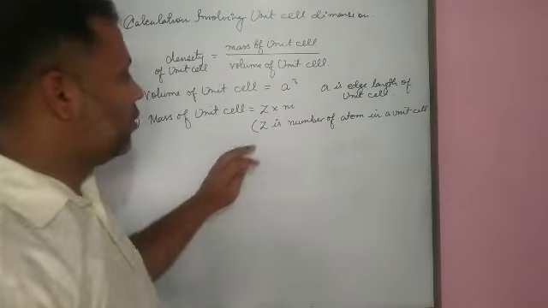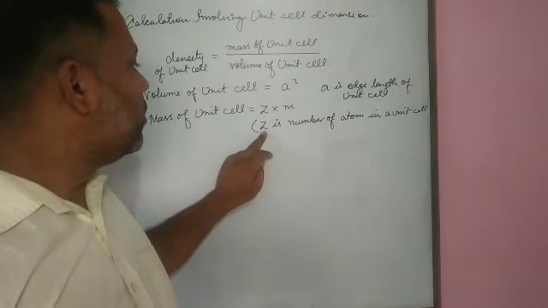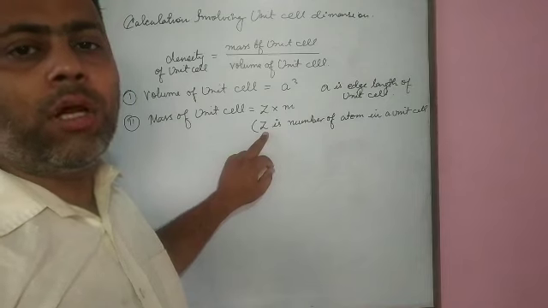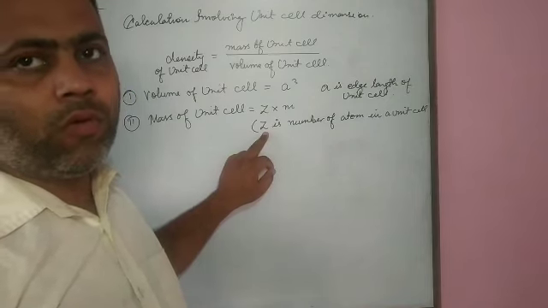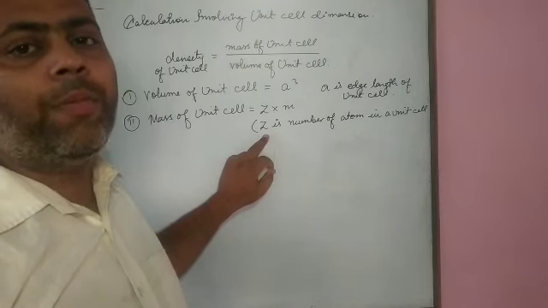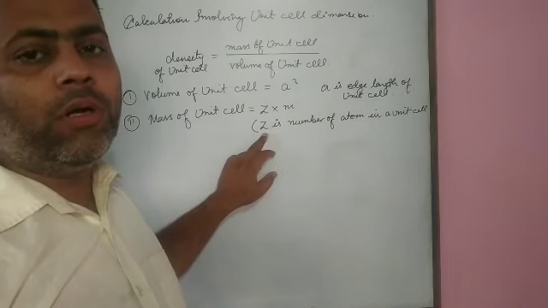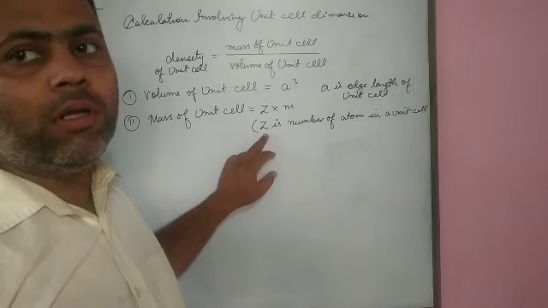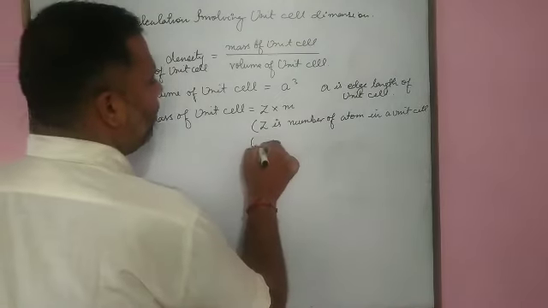As we know, Z in case of simple cubic is 1, in case of body centered is 2, and in case of face centered is 4. It means the number of atoms in different unit cells, simple cubic, body centered and face centered, is different.